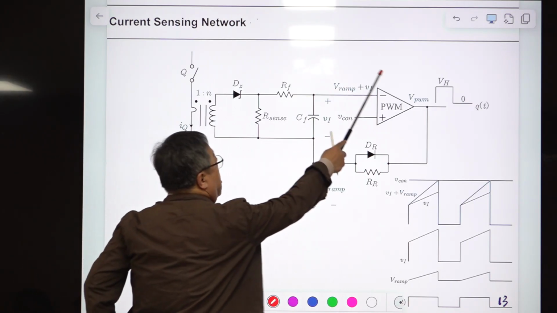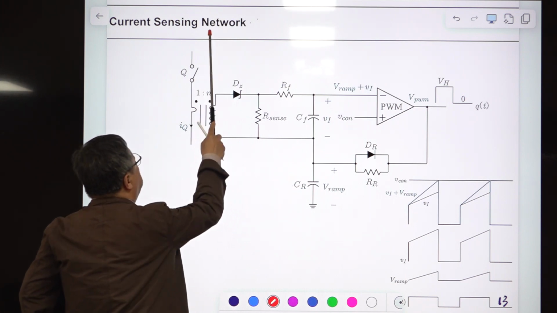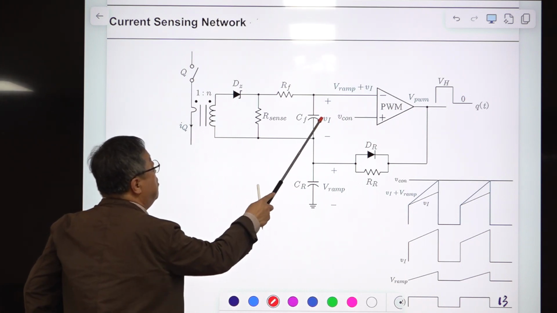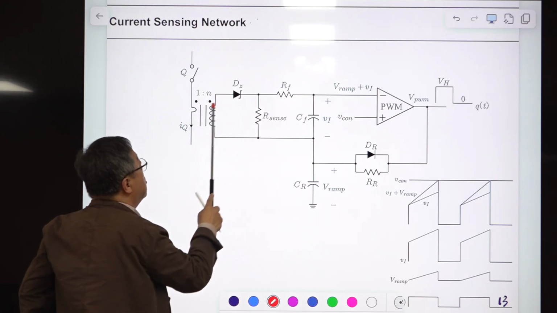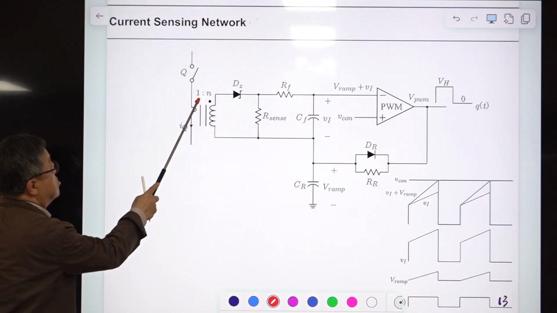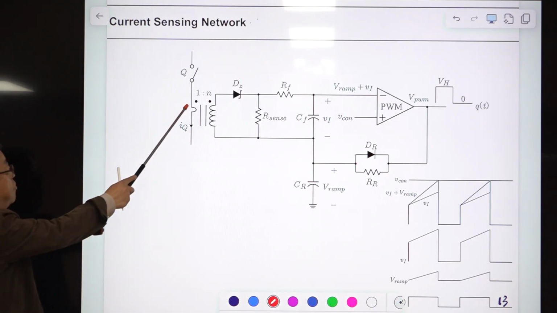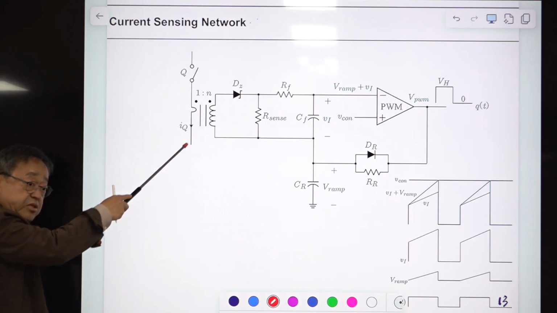This is the PWM comparator, and the switch current waveform will appear here, and noise is removed. Through this current sensing network, the turns ratio is 1. Why are you using only 1 turn here? Because the large current is passing through this resistance.